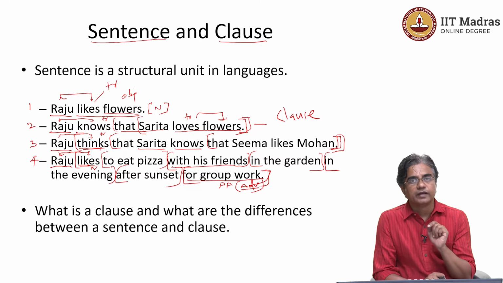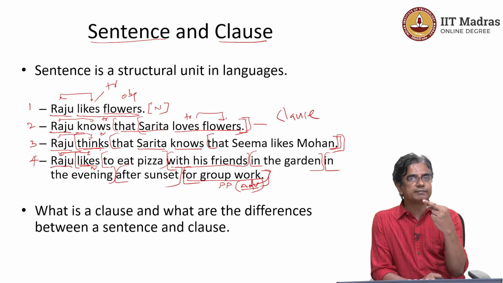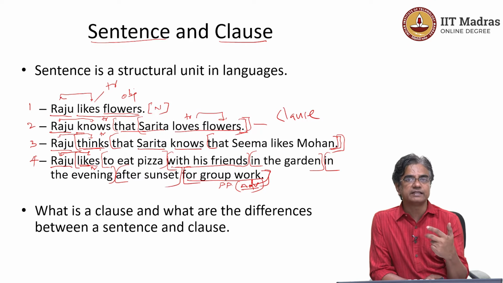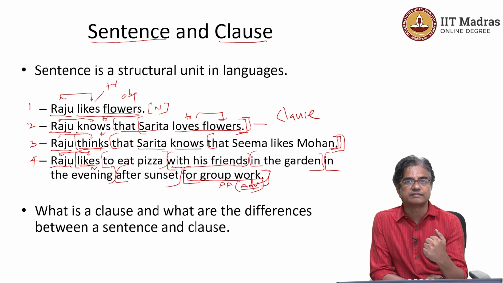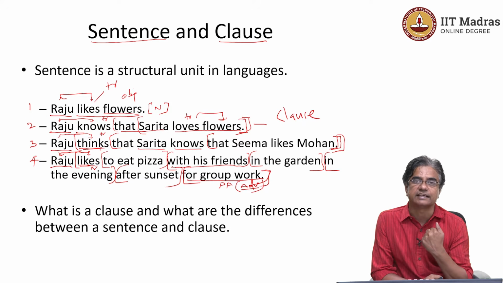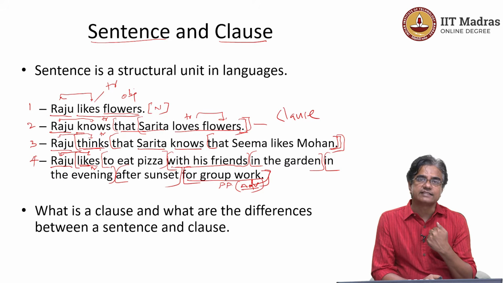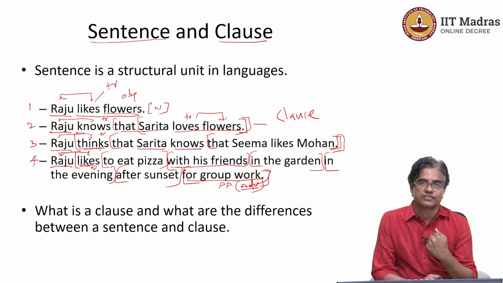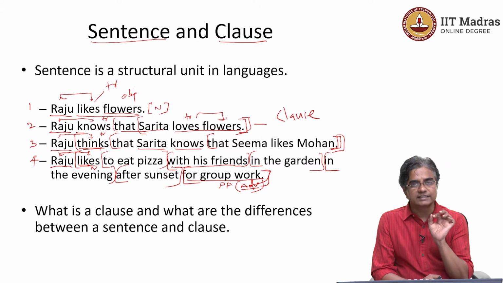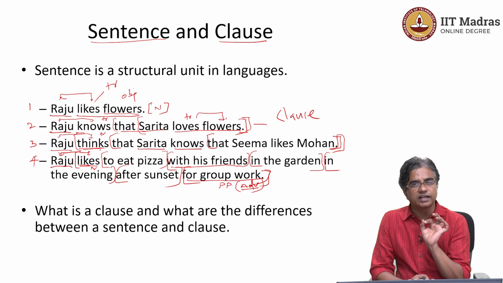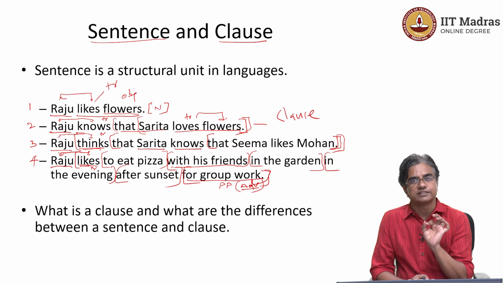Now, if you look at the similarities and differences between merely these three sentences, it gives you an idea of what is a sentence and what is a clause. That's what we need to understand. This is a crucial part for understanding a sentence.